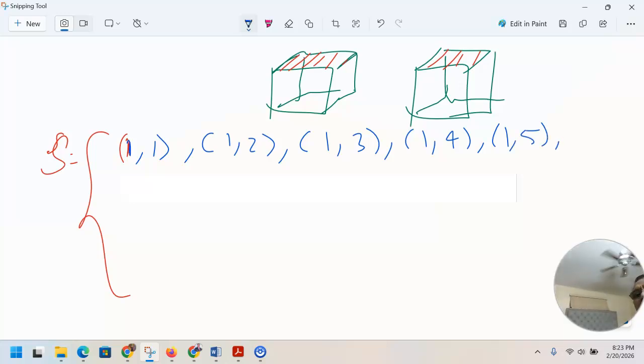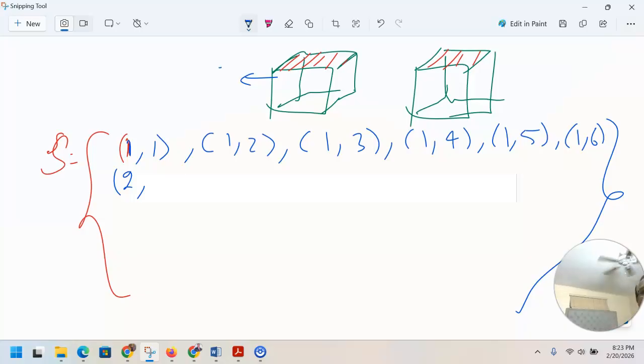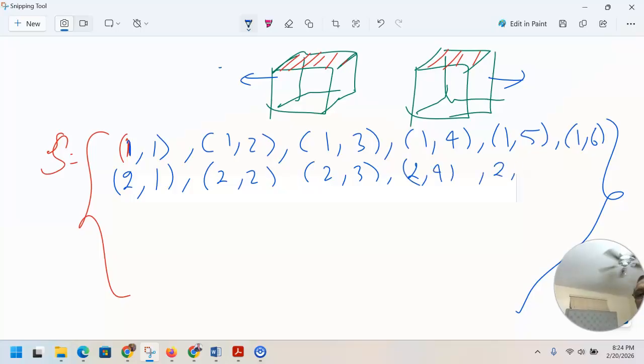You already know what I'm doing. Or the first one could show 2 and the second one 1, or 2, 2, or 2, 3, or 2, 4, 2, 5.